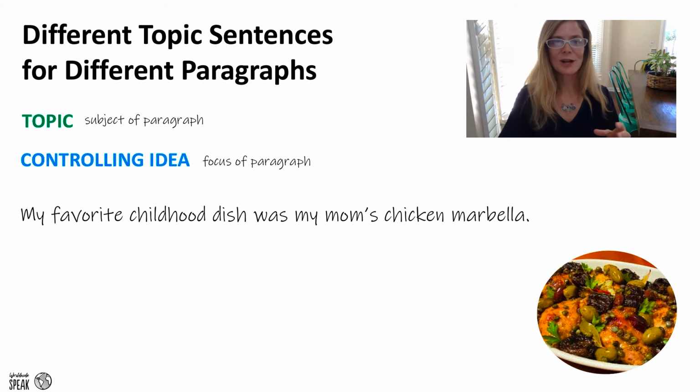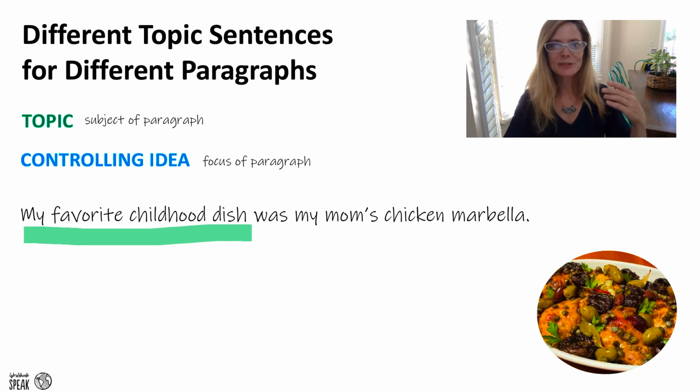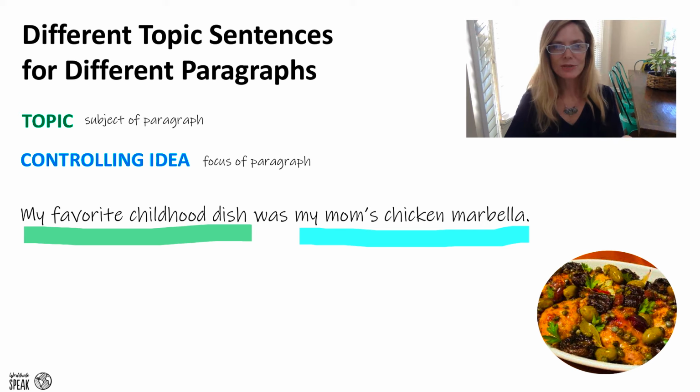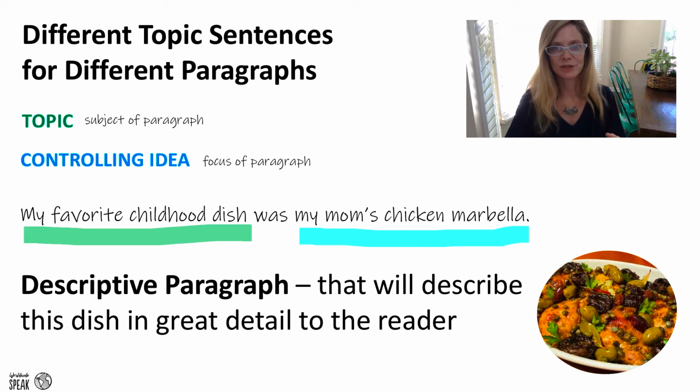Next, we talked about my mom's chicken marbella, right? So the topic of that was my favorite childhood dish, and specifically, we controlled the paragraph with the chicken marbella. So I would imagine if I'm talking about this dish, I look at that picture there and I think, oh, how do I describe this to somebody so that they want to eat it?